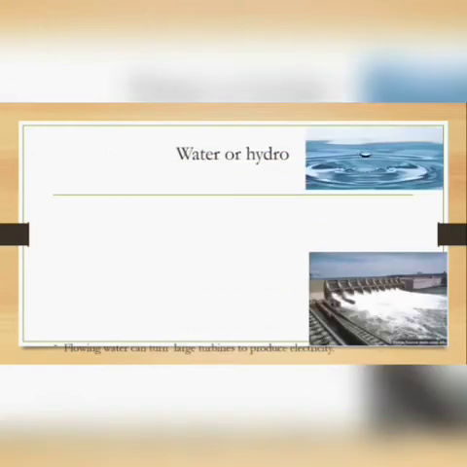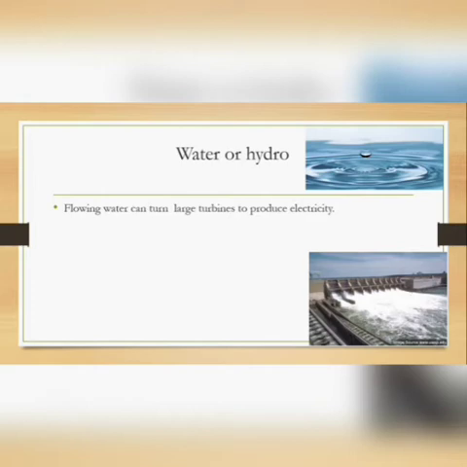Water or hydro. As we all know, water can be used to generate electricity. Flowing water can turn large turbines to produce electricity, and this is a very safe, clean, and reliable way of producing electricity.